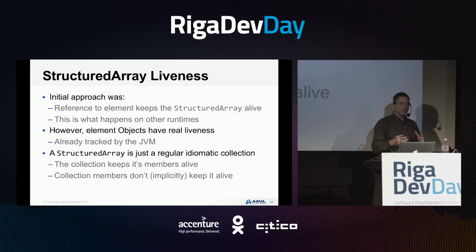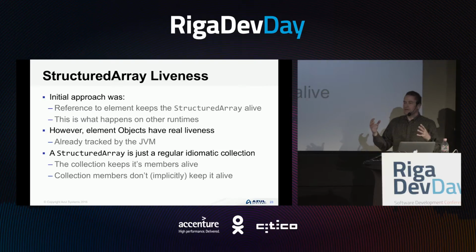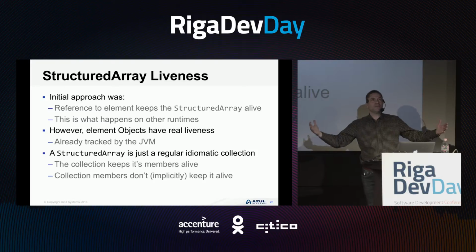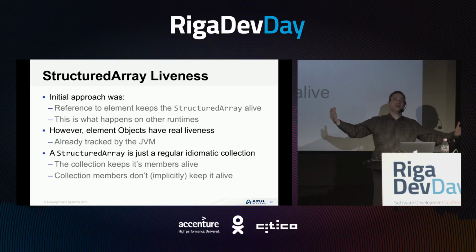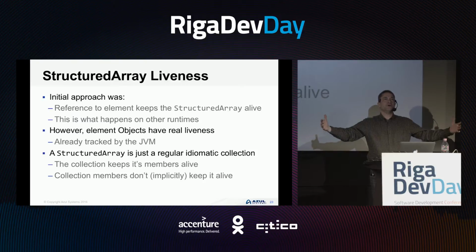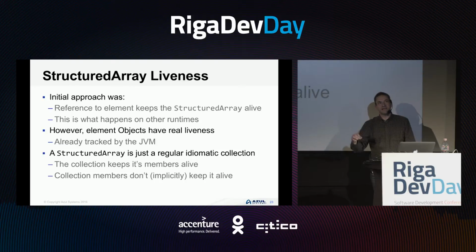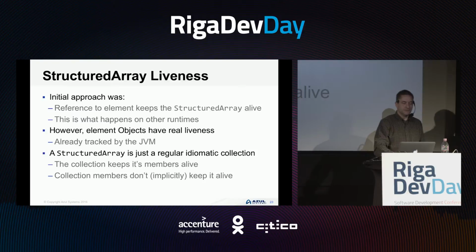The argument there is that if I had a structured array that had 1 million elements in it, and I had a reference to one object that was still being used, you don't want to keep a reference to all of the 999,999 objects which aren't being used anymore. You might as well garbage collect all of those. So in terms of liveness, it works exactly the same way as it does with normal Java. That's the takeaway from that. It's just the same as in normal Java.